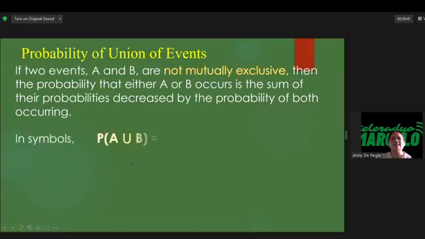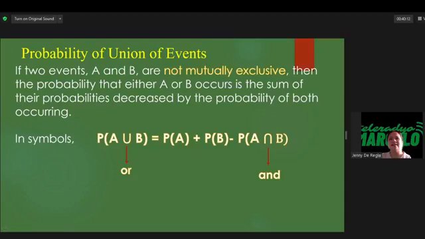In symbols, the probability of A union B is equal to the probability of an event A plus the probability of an event B minus the probability of A intersection B, wherein union may be read as "or" and intersection can be read as "and". So this is for not mutually exclusive events, events that can happen at the same time.